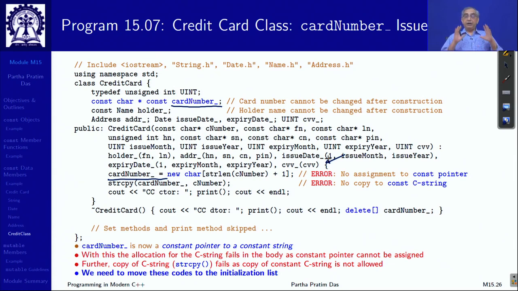So, card member is now a data member of an object, which must be constant, because the object lifetime has started. So, if I had to do anything with this pointer, I had to do it in the initialization list, I cannot do it here. So, this will have an error, because I am assigning to a constant pointer.